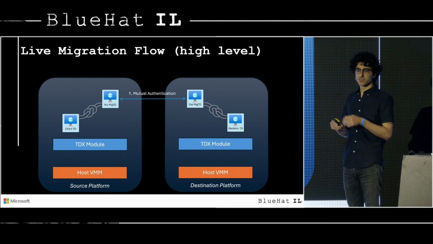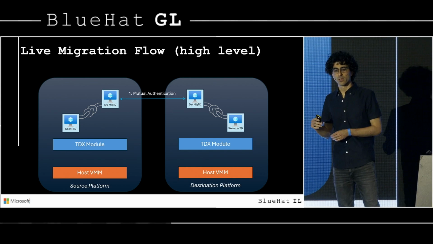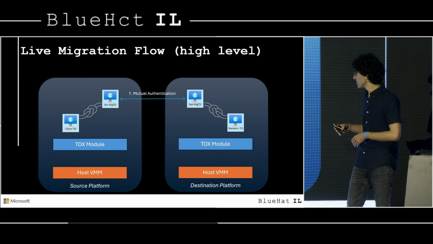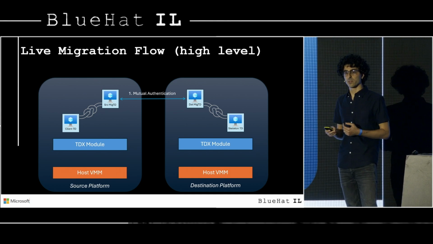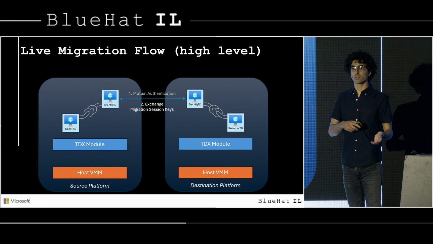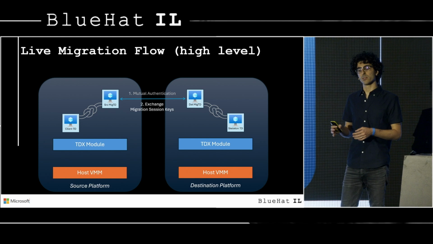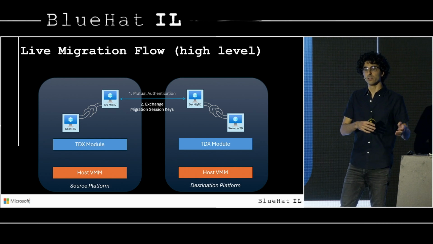This authentication logic is basically the responsibility of the customer to implement, but this could be done using mutual attestation or some shared customer secret. And after those migration TDs trust each other, they exchange migration session keys, which are cryptographic keys that will later be used to protect the actual client TD, the migrated TD's private data.